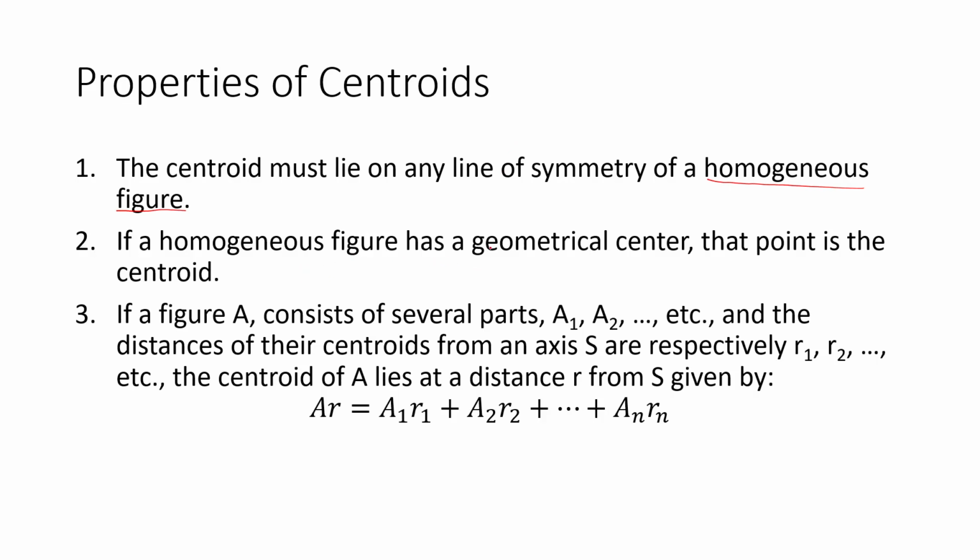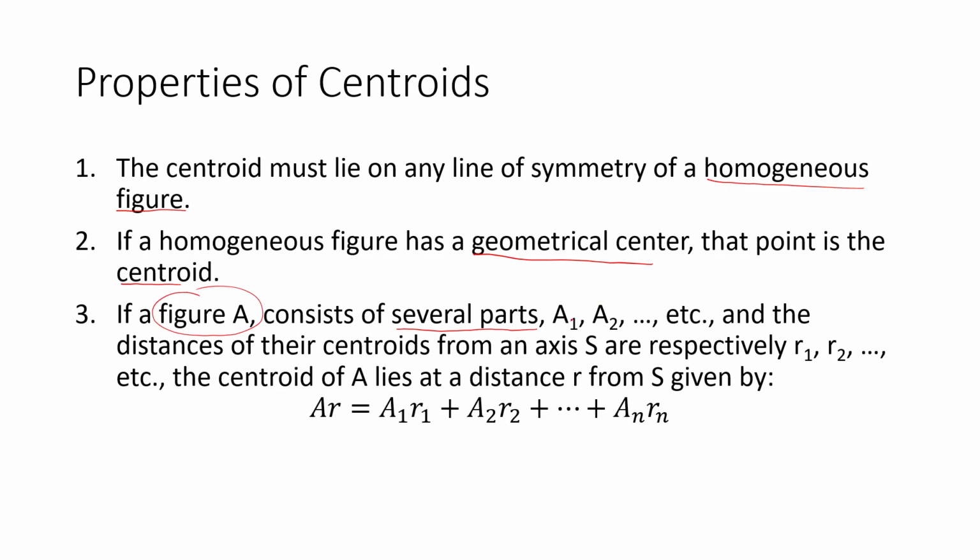Okay, so the geometrical center of the figure is the centroid. And again, this is what I was talking about earlier. If a figure A is the total area, and it consists of several parts, meaning you can create different parts of that figure.